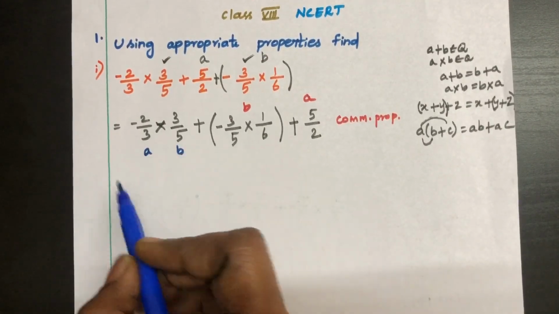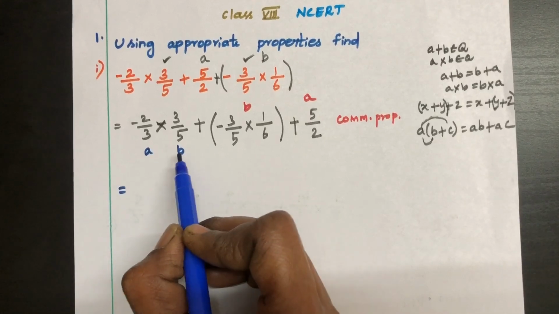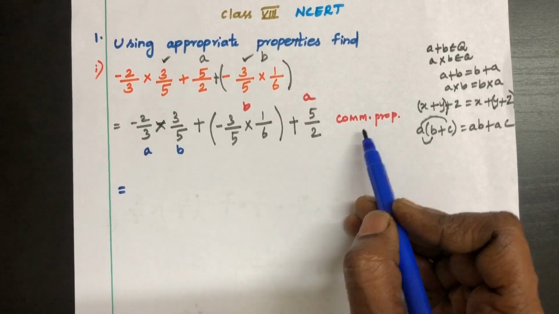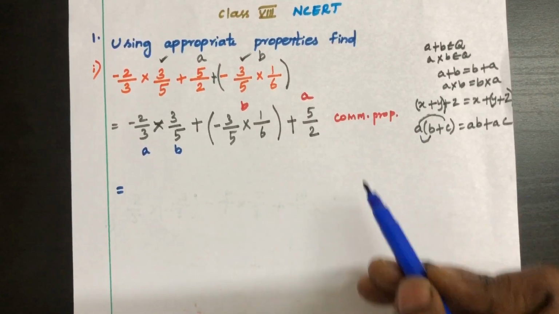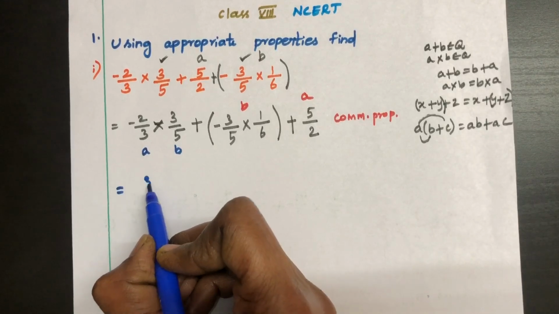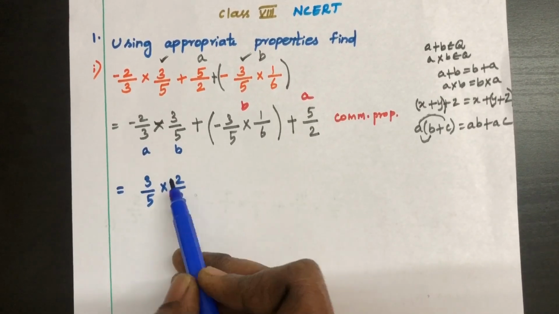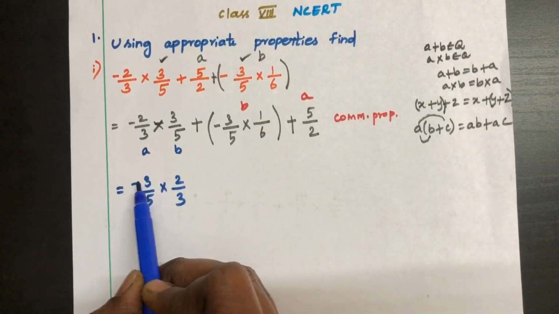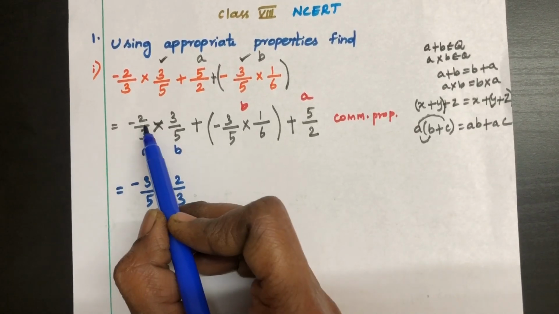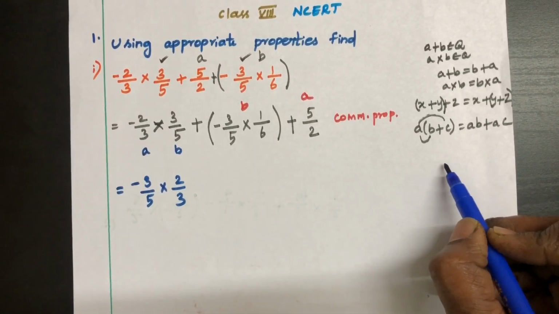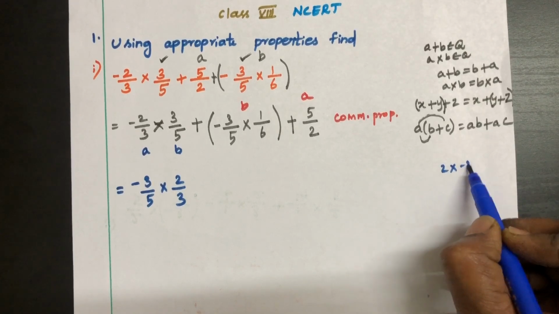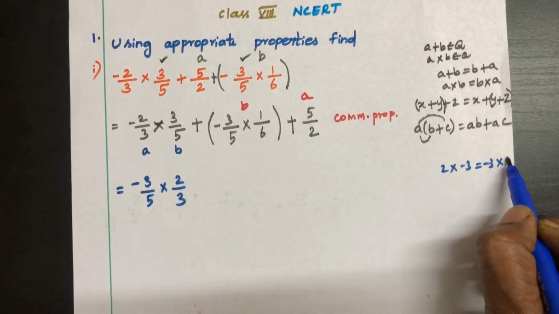Now, this is A and this is B, right? Can we swap this place, A into B as B into A? We can do it using the same commutative property but for multiplication. That's all. So 3 by 5 into 2 by 3. Shall we have this negative symbol here? It is okay, no? In multiplication, 2 into minus 3 is the same as minus 3 into 2.